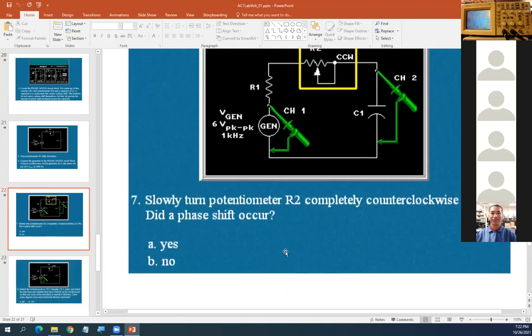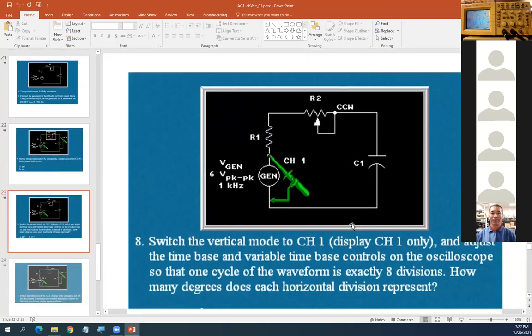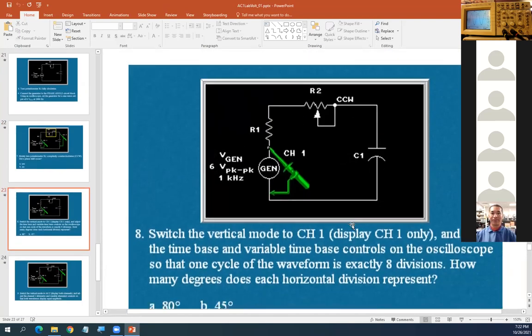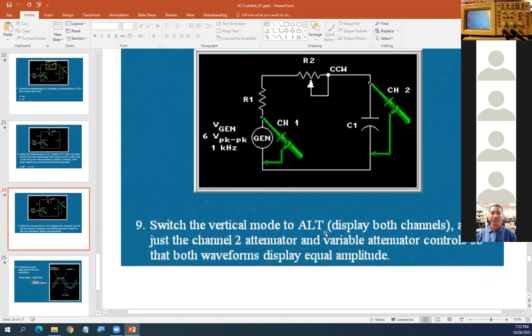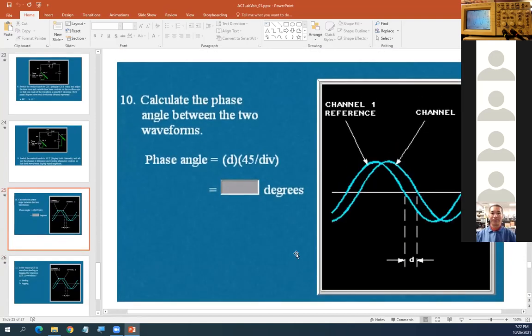And then they say slowly turn potentiometer counterclockwise completely. They say phase shift or not, I don't care. They will be displayed, one for channel 1, one for channel 2, and they want to measure the phase difference.